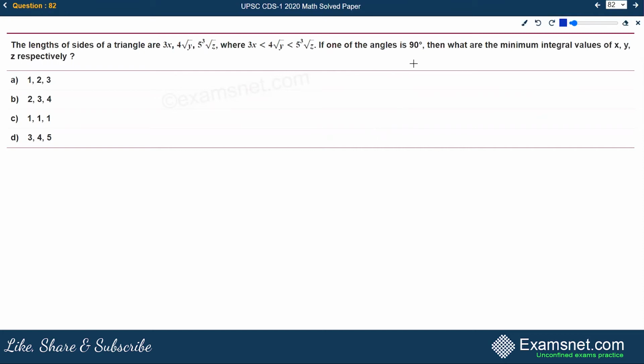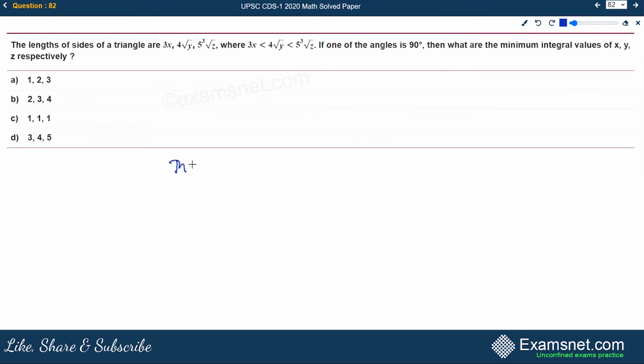As one of the angles of the triangle is 90 degrees, the triangle is a right angle triangle. Since it is a right angle triangle, the lengths of the sides will satisfy the Pythagorean theorem, so they will form a Pythagorean triplet.